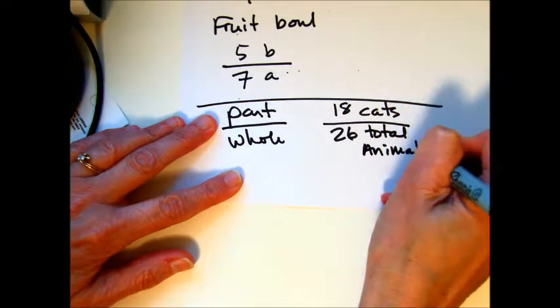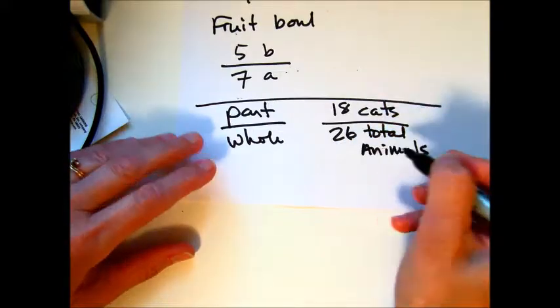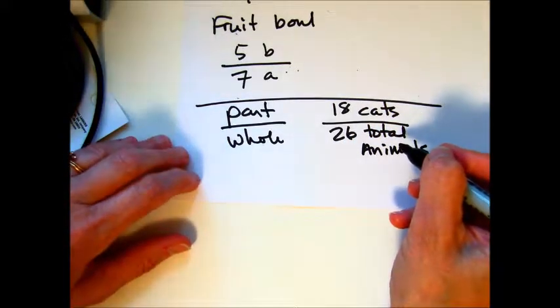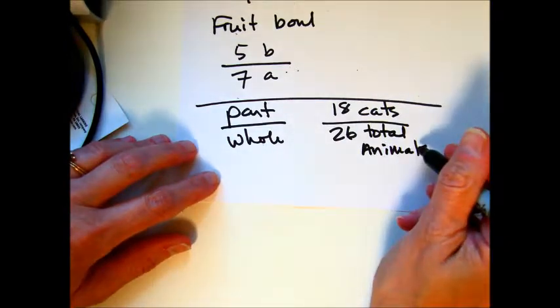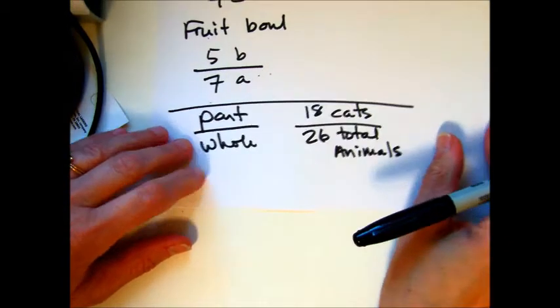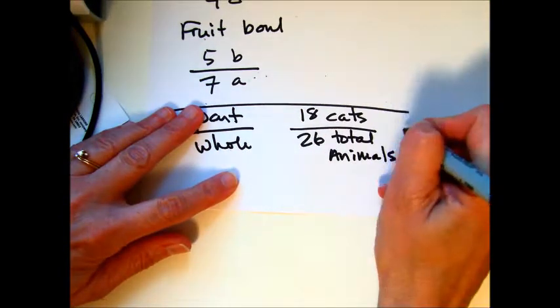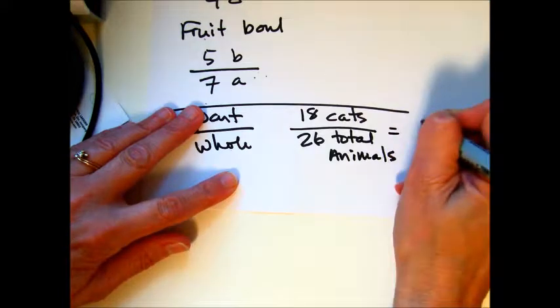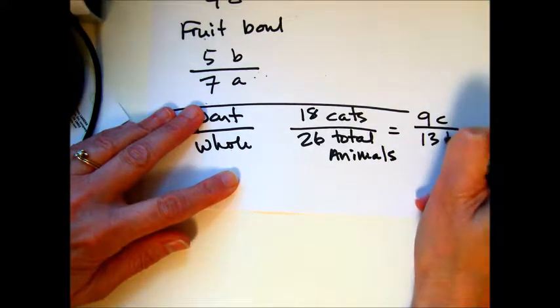Okay, so the remainder could be dogs, or maybe there's a couple of turtles in the pet shop, or parrots. You don't know. We're just saying that the total amount is 26, but we know cats are 18. And of course, we can reduce that. We can divide by 2, and we get 9 cats and 13 for total.